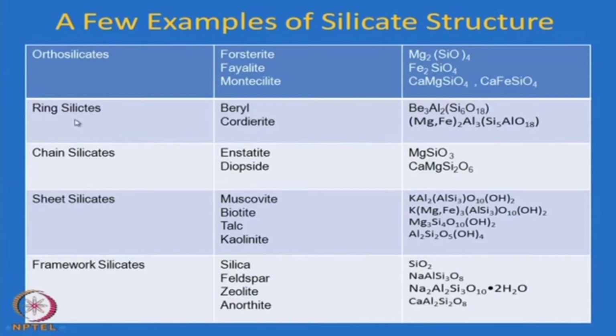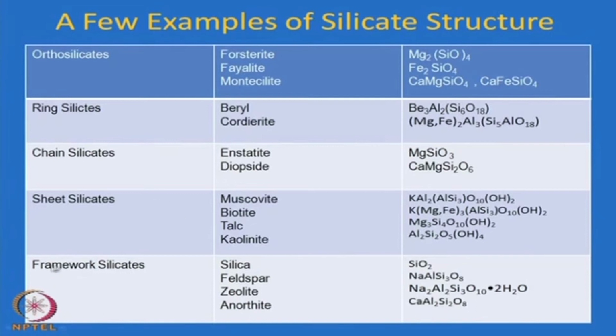In ring silicates, two of them are connected, and then if you have chain silicates, you have two or three, both are possible, and then sheet silicates, three of the oxygen ions are shared by silicon, only one oxygen is available to be connected or bonded with other cations.